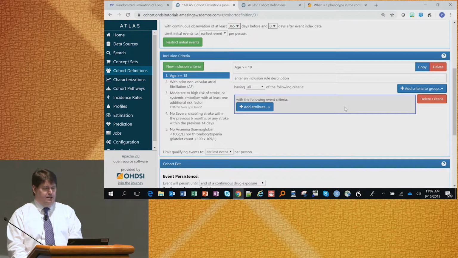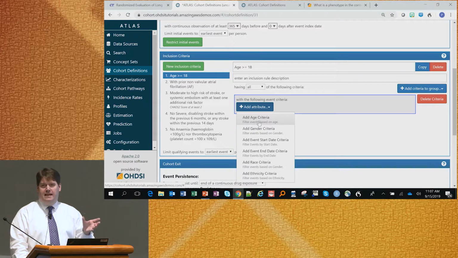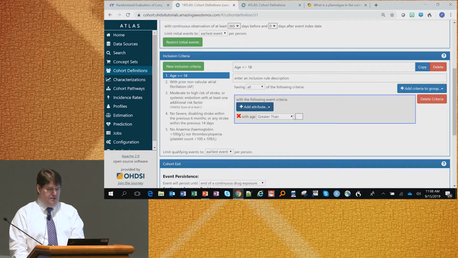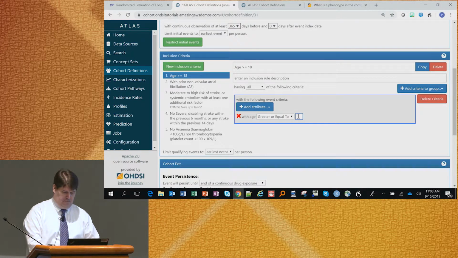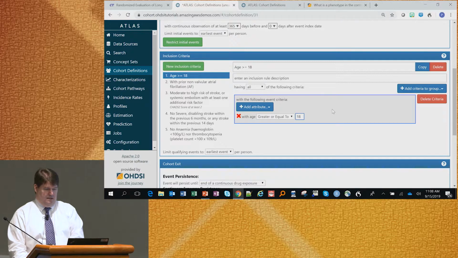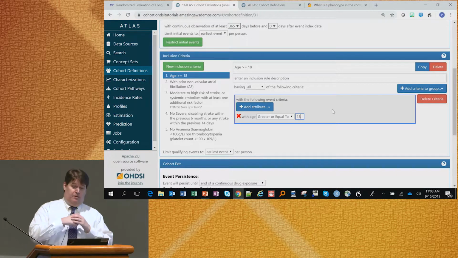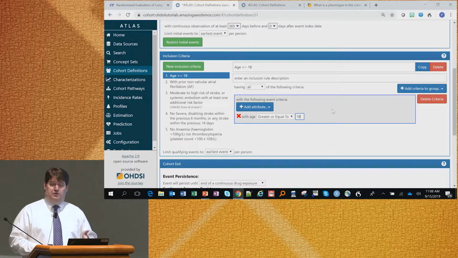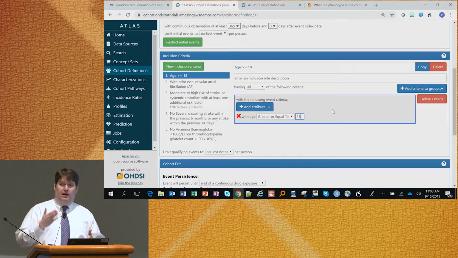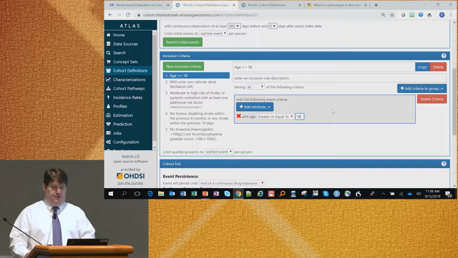Or the gender, check the gender of the person at that event. In this particular case, the only thing we need is an age, and we're going to say the age was greater than or equal to 18. Okay? So now, if we were to run this cohort, we'd have first exposures to warfarin, and they are 18 at the time of that exposure.